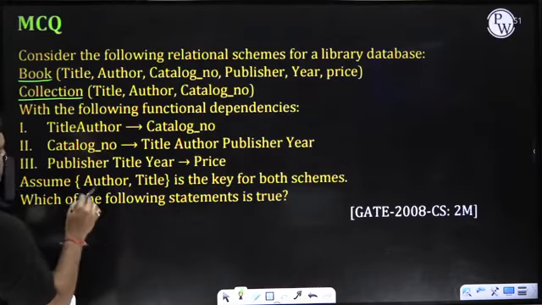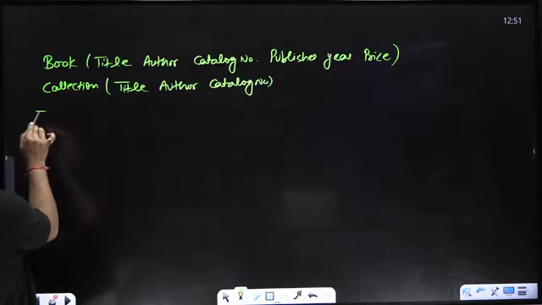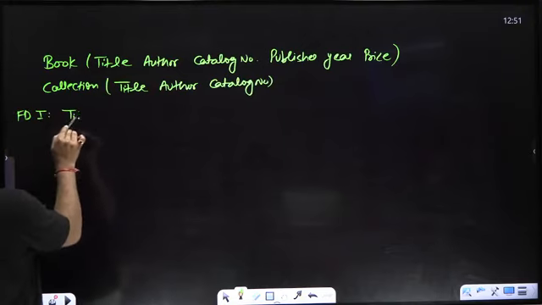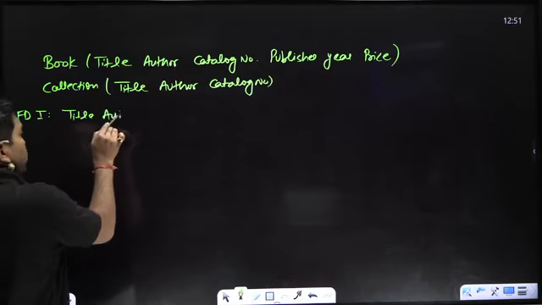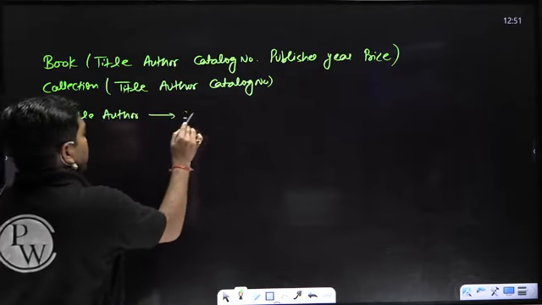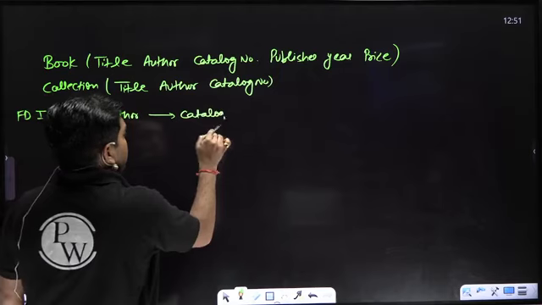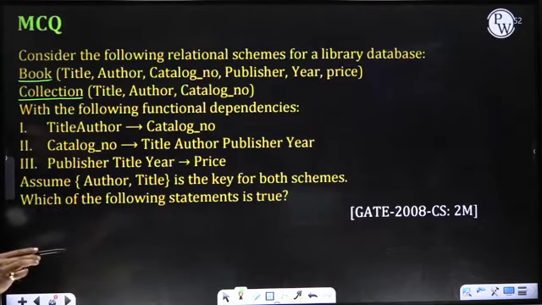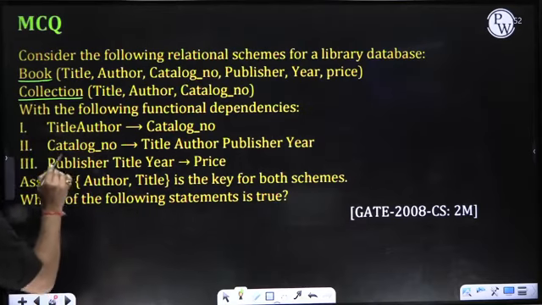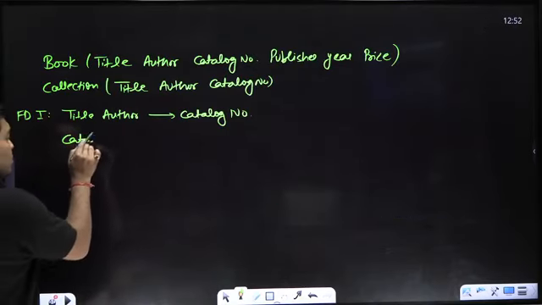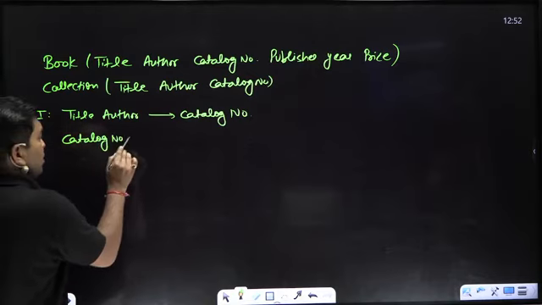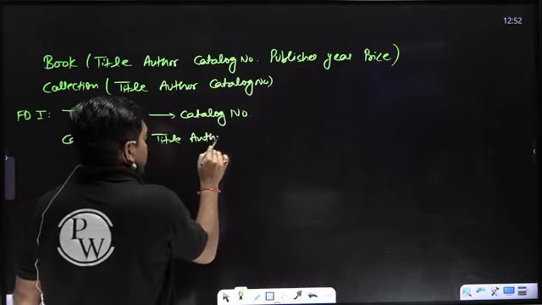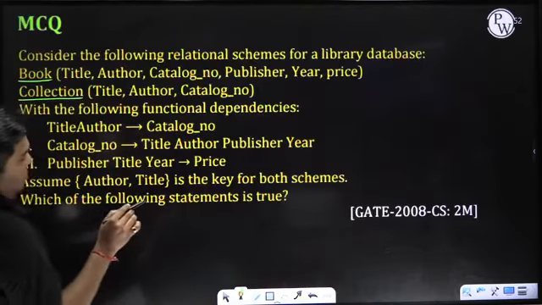Now here you can see there are three FDs. FD number one: title, author determine catalog number. FD number two: catalog number determines title, author, publisher, year.